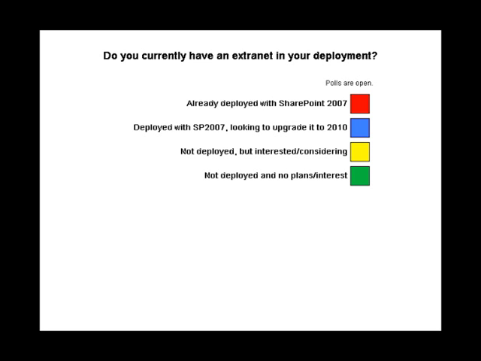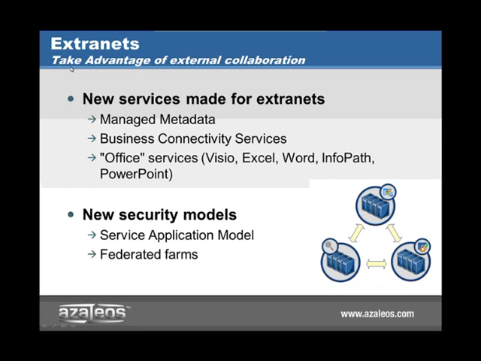This is where things like the managed metadata service, the business connectivity service, and some of the office services, the Visio, Excel, Word, InfoPath, PowerPoint, all come together to allow you to work strongly with your third-party partners as well as vendors.